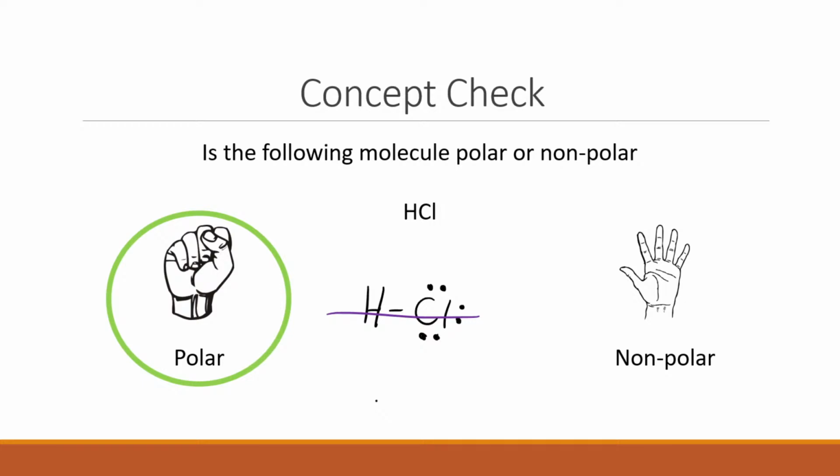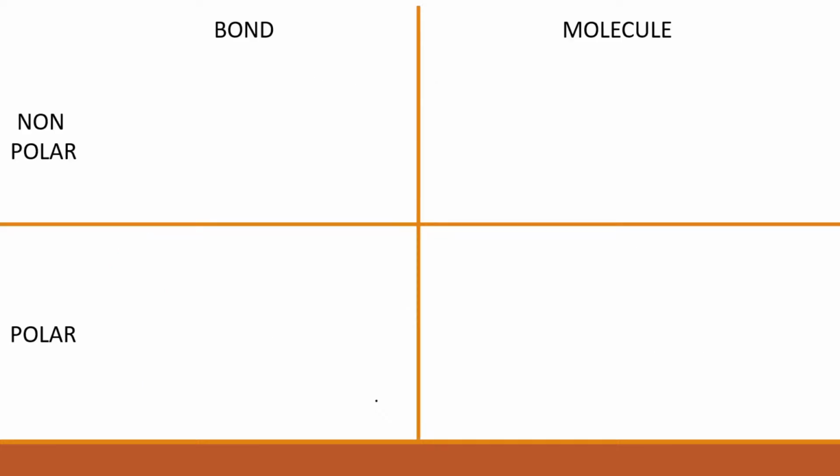Now, let's take a minute and let's summarize what we just looked at. We're looking at bonds and molecules and seeing if they are nonpolar or polar. For a bond to be nonpolar, it must have the same element on either side. Right? We want two identical atoms.